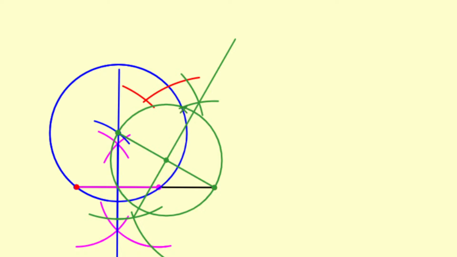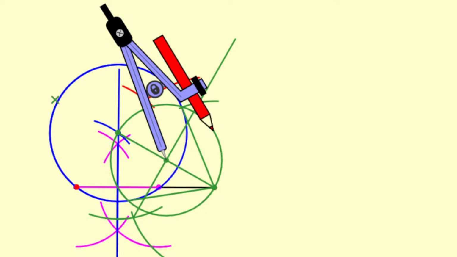Now we can see both the circles have common points of intersection, so we can join them. With green I have drawn two tangents now, you can see.